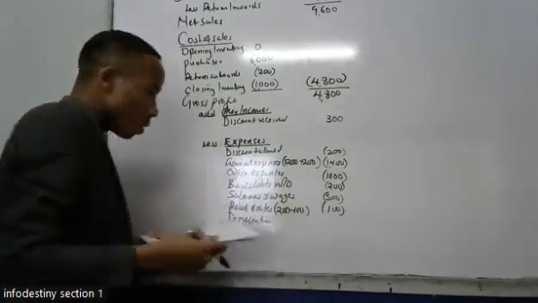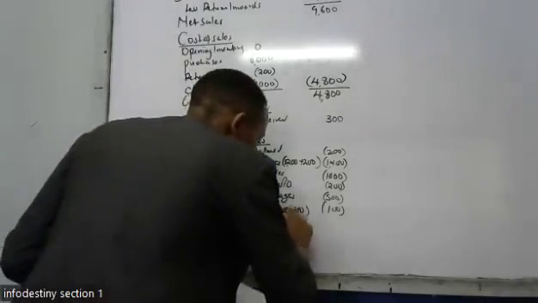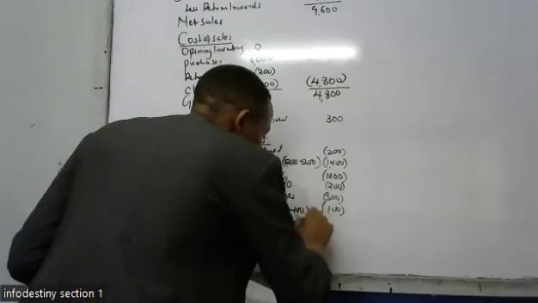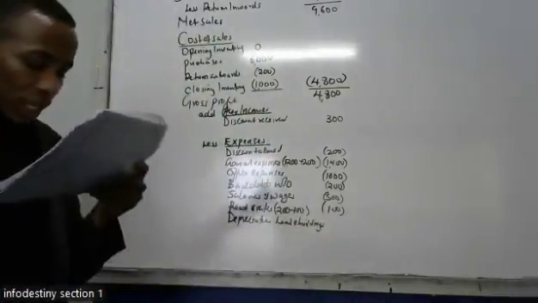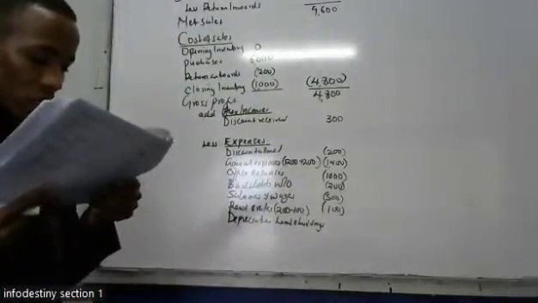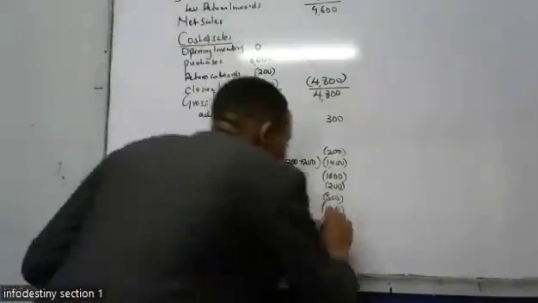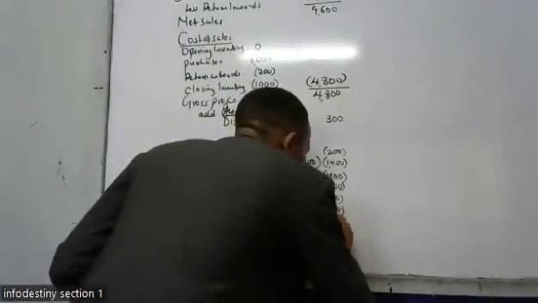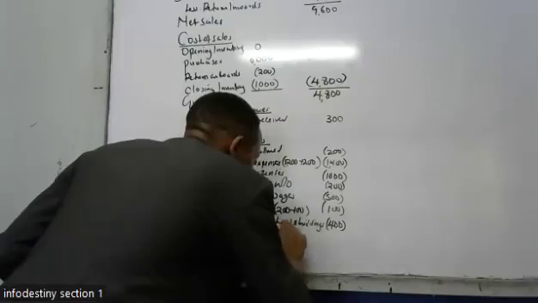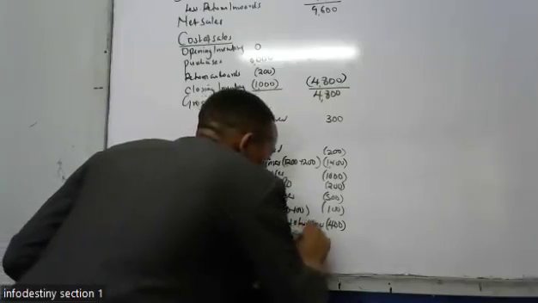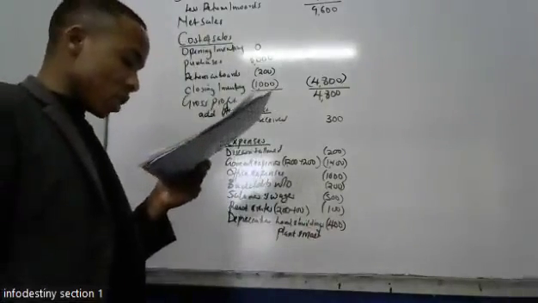Depreciation. So we have for land and buildings, 10% on cost. That is 10% of 4,000. So that is 400. The next one is plant and machinery, 20% of reducing balance.